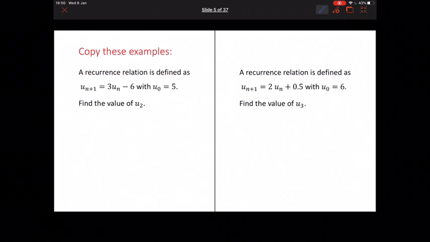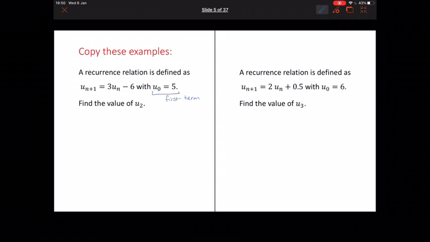A recurrence relation is defined as u(n+1) = 3u(n) − 6, with u0 = 5. This u0 = 5 is just the first term that they're giving us of our sequence. We are asked to find the value of u2.